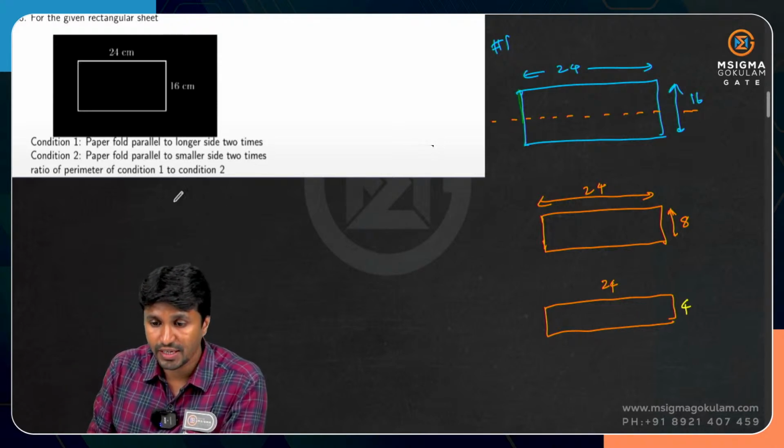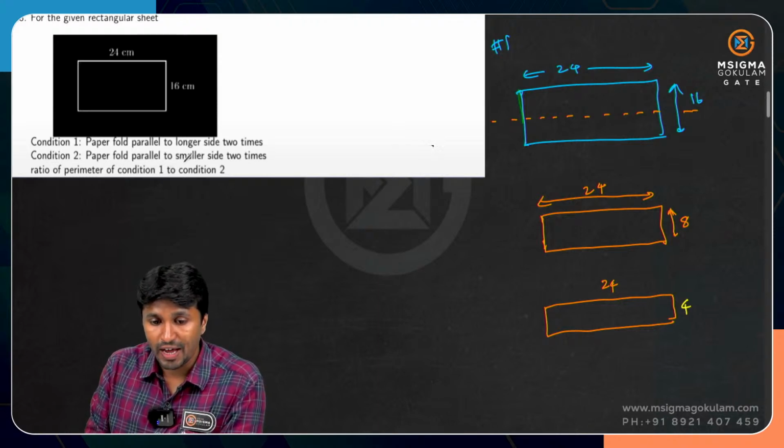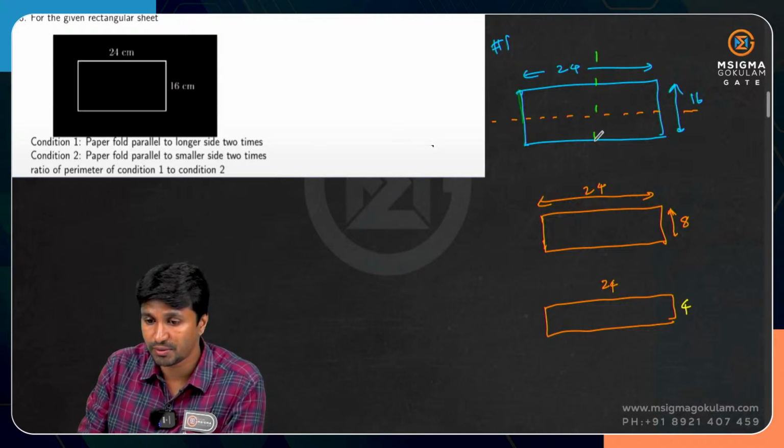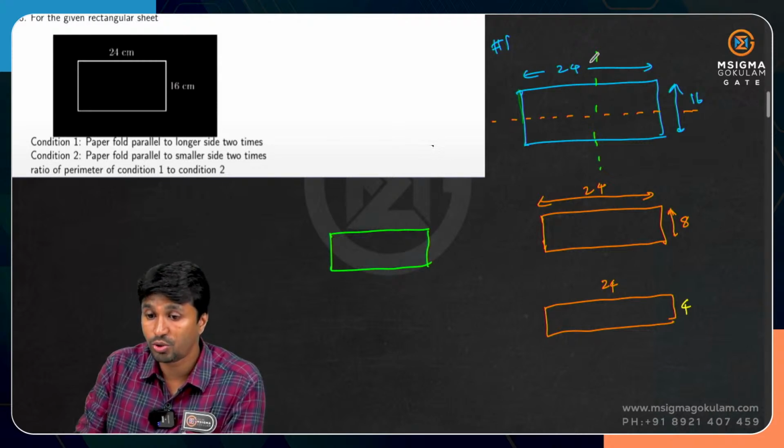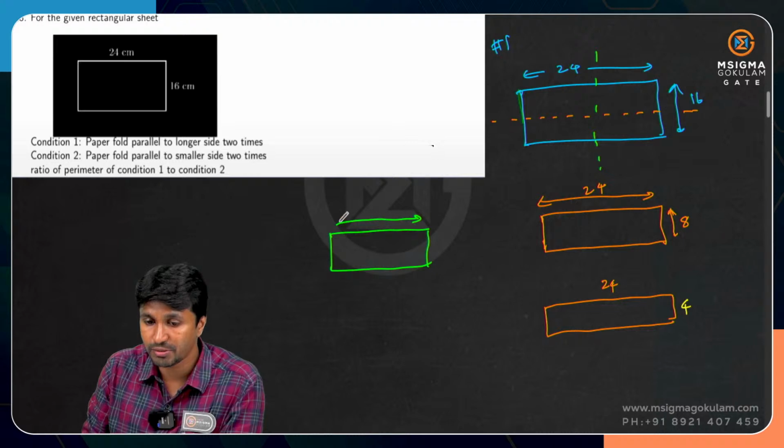Now this is the second case. Fold the paper parallel to the smaller side 2 times. So when you fold the paper parallel to the smaller side, 24 becomes 12.